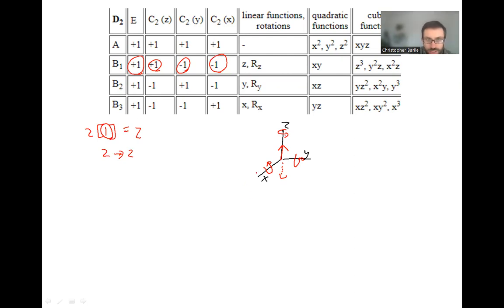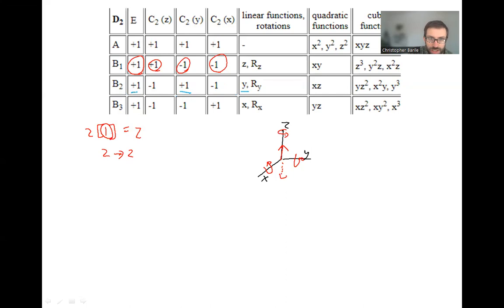And so what ends up happening here is that anytime you're doing a C2 in the same axis as your linear function, like y, that's going to leave it unchanged. So y has a +1 there, but then the other ones are negative 1s because that's going to flip it.